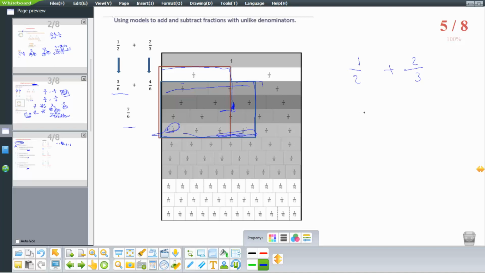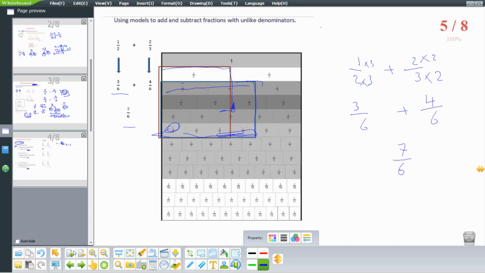We can find the common denominator by finding the LCM of 2 and 3, which is 2 times 3 equals 6. 2 times which number to be 6? 2 times 3, so 1 will be times 3, so it will be 3. 3 times which number to be 6? Times 2, and 2 will be times 2 to be 4.